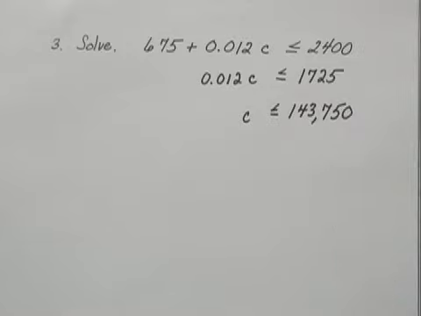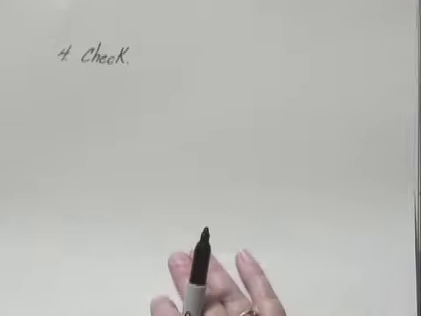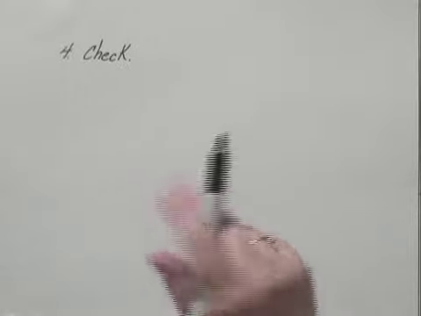Now to check, we obviously can't check every number that is less than 143,750, but let's get an idea if we're about right. Let's check one copy less than that.